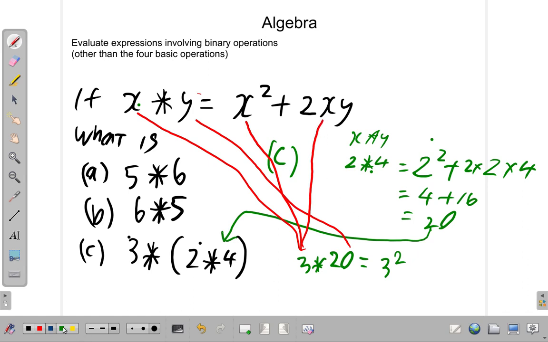So what you're going to have is 3 squared plus 2 times 3, and then times what happened to the y. Since y was in this position and it ends up here, 20 is in this position and it will end up just like the y. So we have 2 by 3, 2 by x, 2 by 3 by y, which is by 20. You see that?